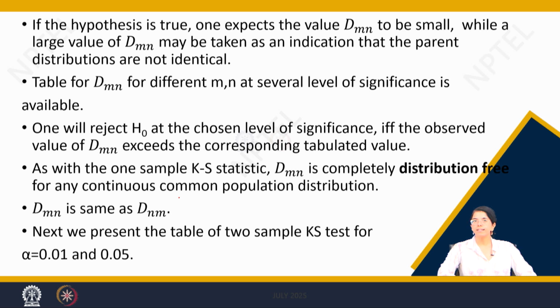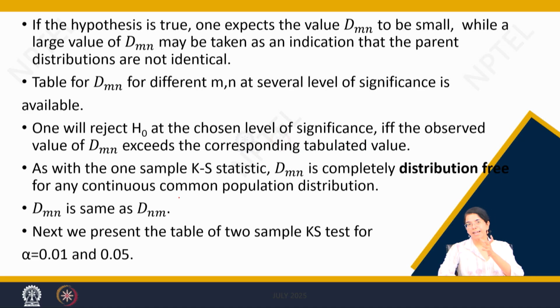One will reject the null hypothesis at the chosen level of significance if and only if the observed value of Dmn exceeds the corresponding tabulated value. As with the one sample Kolmogorov-Smirnov test statistic, Dmn is completely distribution free for any continuous common population distribution.